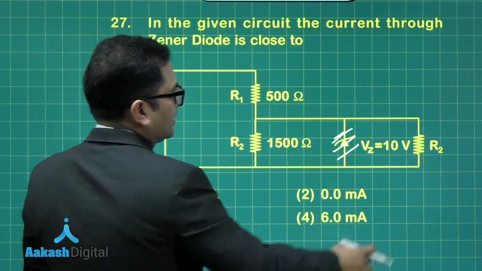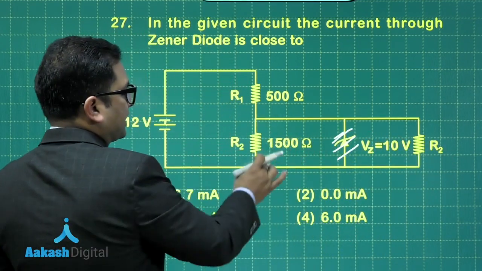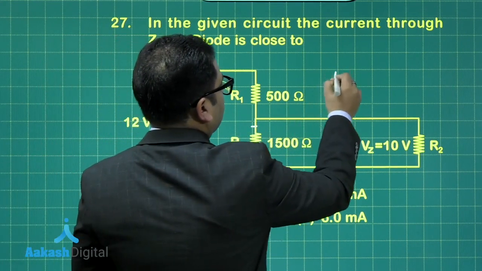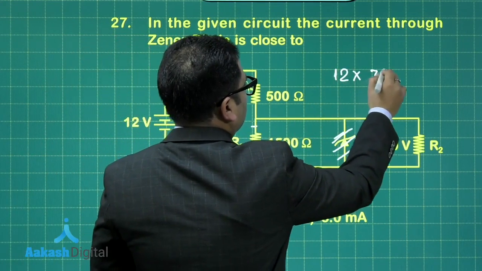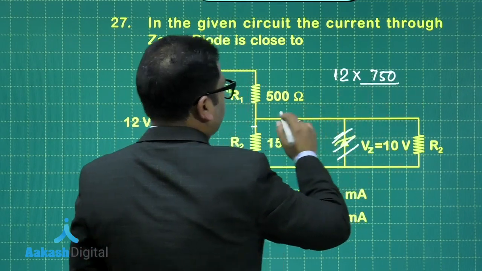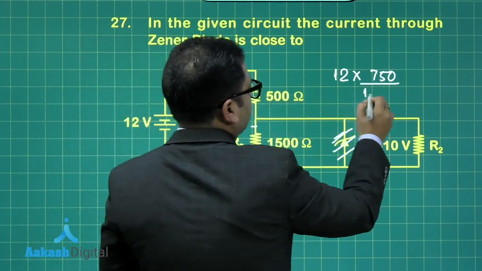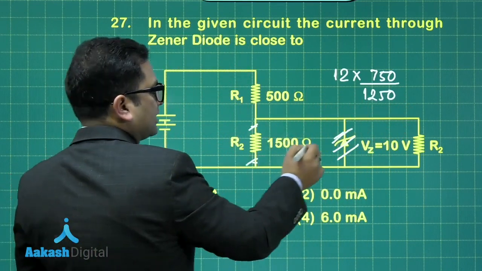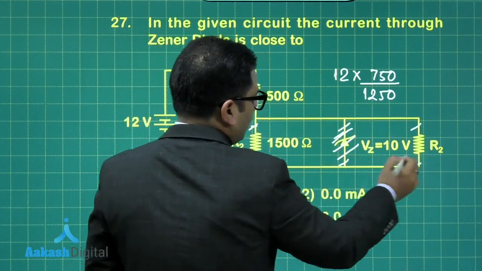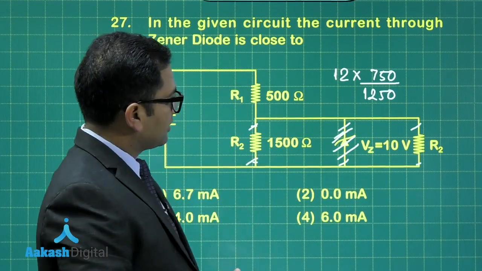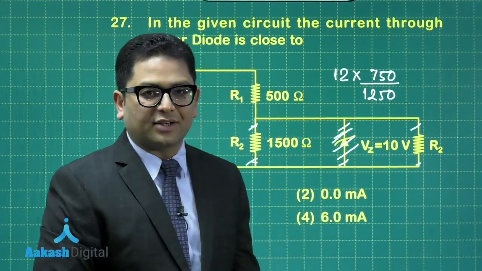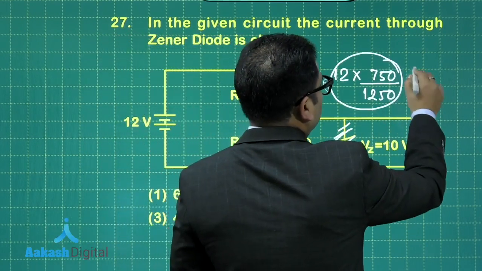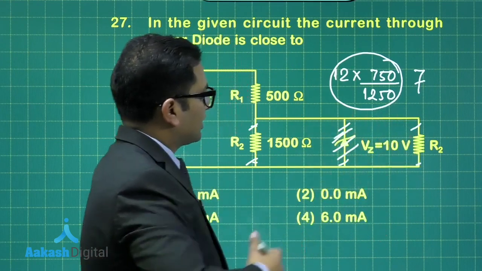That's a smarter way. So 1500 would make 750. So let me calculate the potential difference across this. So that will be 12 into 750 divided by 750 plus 500, that's 1250. So this is the potential difference across this, all the same thing, assuming that the current through the diode is 0. And the value comes very much around close to 7 point something.